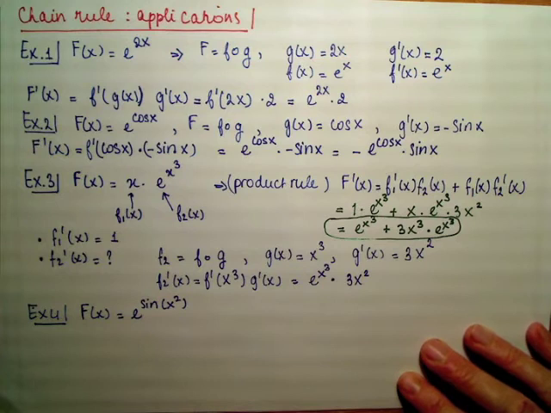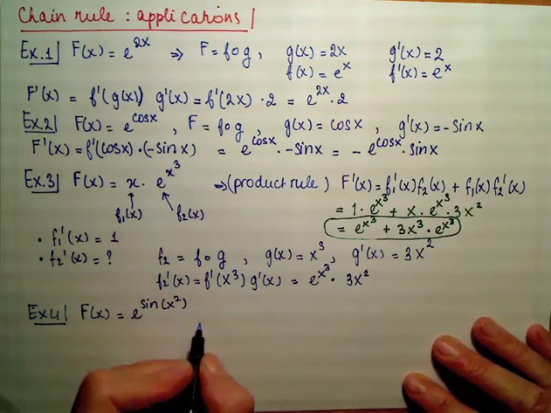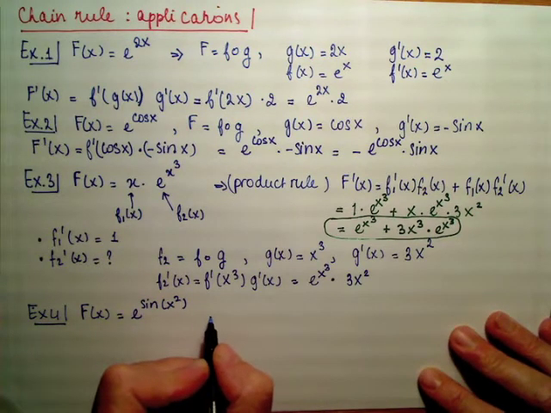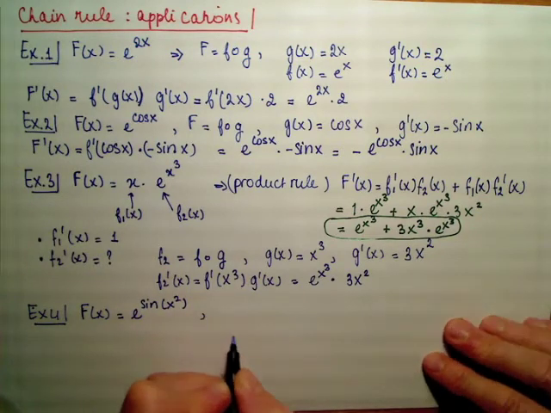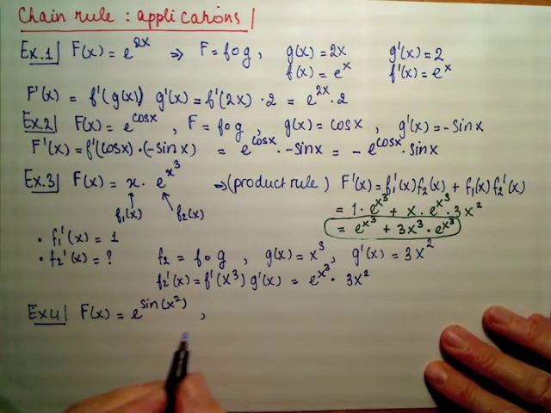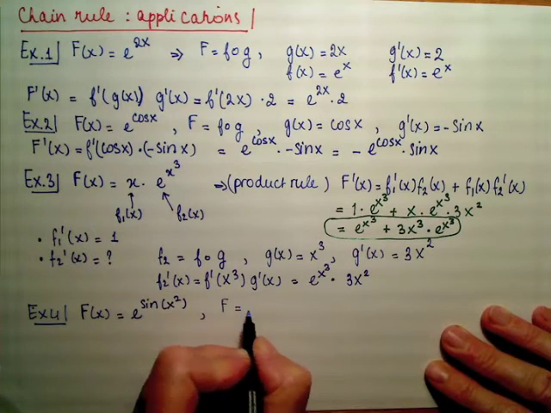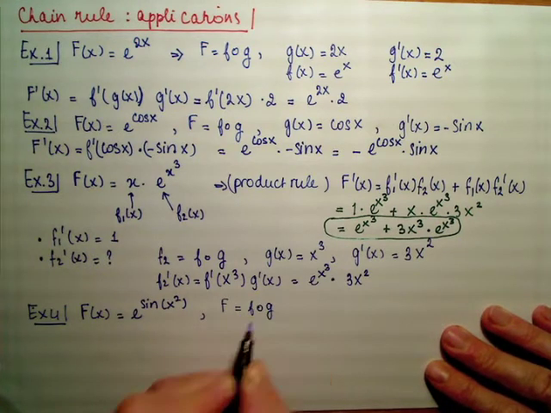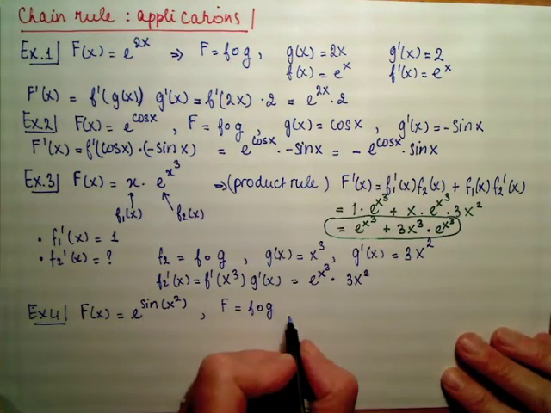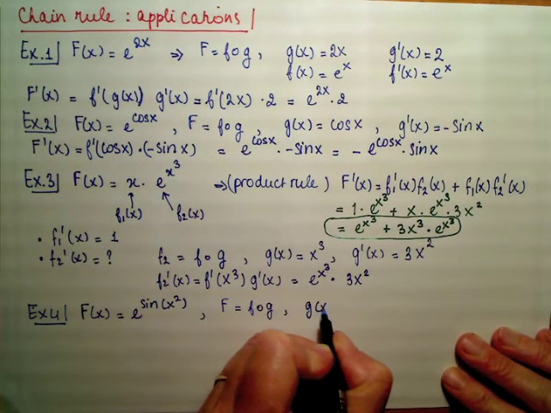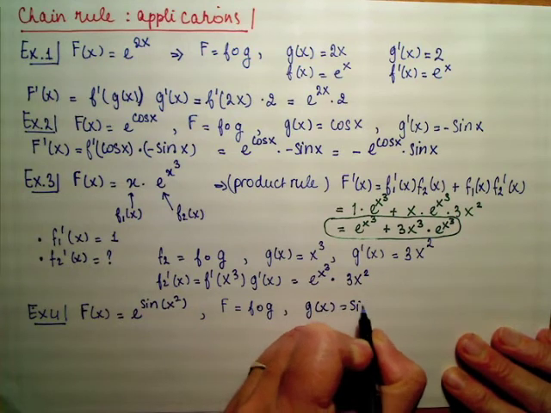Now, of course, we can first view it as a composition of two functions, f and g, where little f is again equal to our little f we had before, but now g of x is equal to sine of x squared.